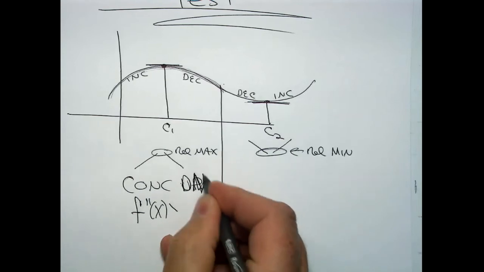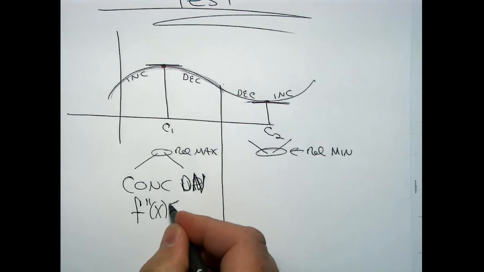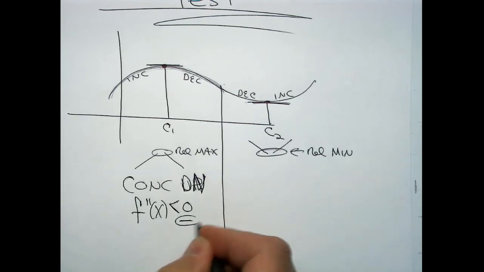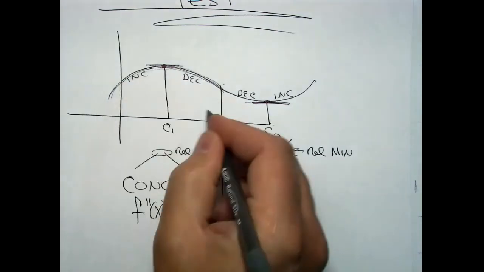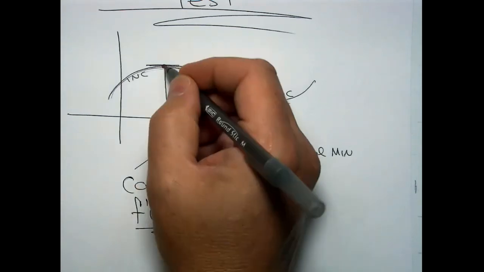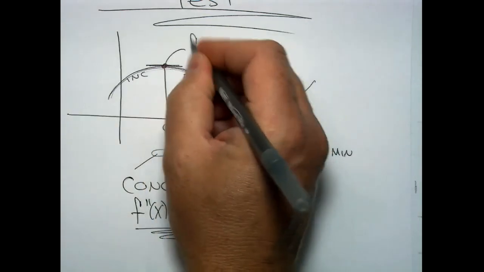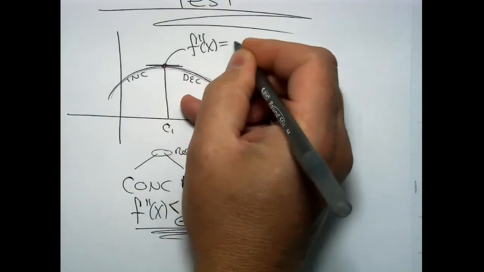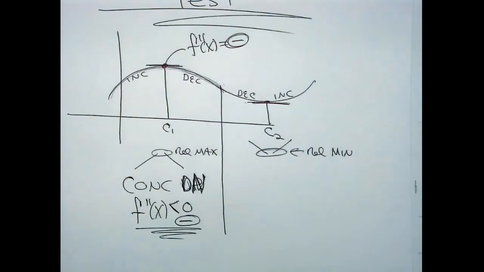If it is concave down, the second derivative is supposed to be negative throughout the entire interval. So it's concave down. Therefore, the second derivative ought to be negative. In fact, the second derivative should still be negative here. I don't care what negative value it is. I just care that it's negative.